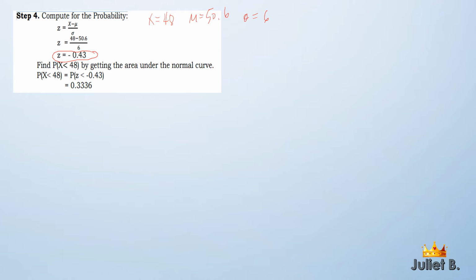Then, since meron tayong value ng z, we will now find the probability of x less than 48 by getting the area under the normal curve. So, yung probability of x less than 48 will now be probability of z less than negative 0.43.